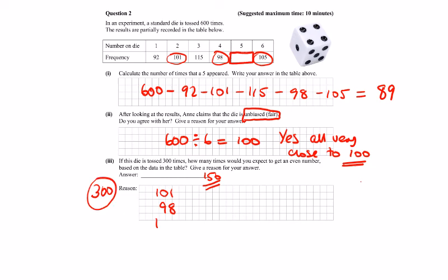So let's see what these numbers add up to. 304. So we'd expect half of that, 152, which is pretty close to your 150. So that's our reason. We're giving numbers as the reason. Or you could just say the dice is fair, we'd expect to get 150. 152 is based on the calculations, but I think either one of these answers would have been marked correct in the exam.